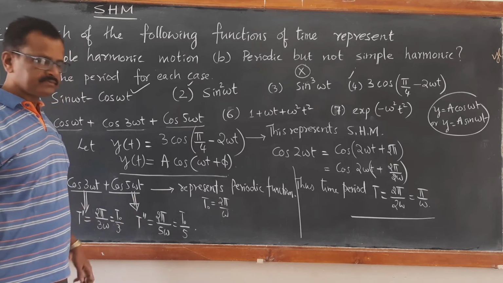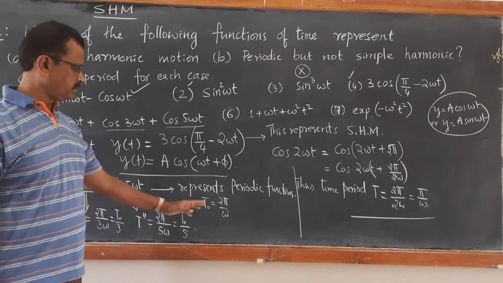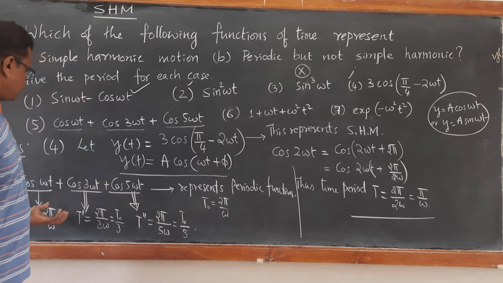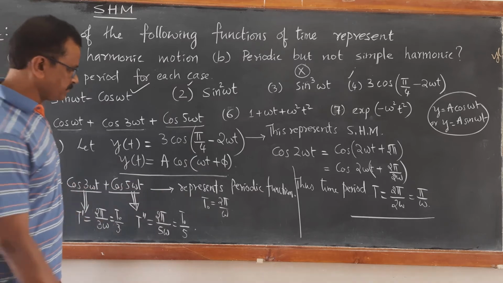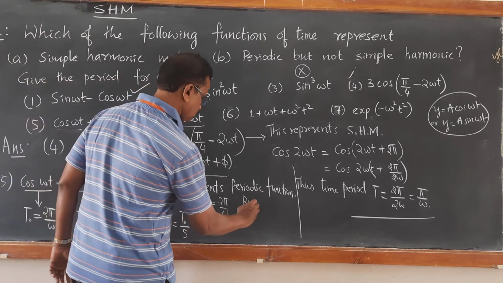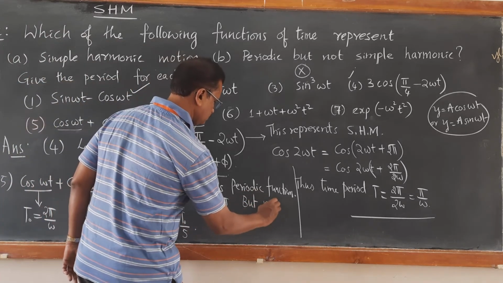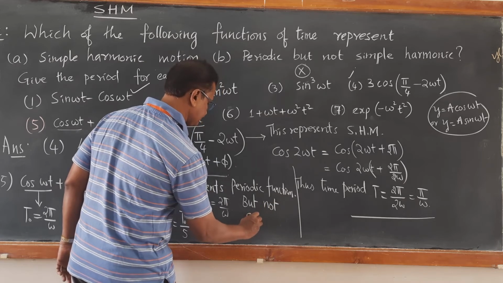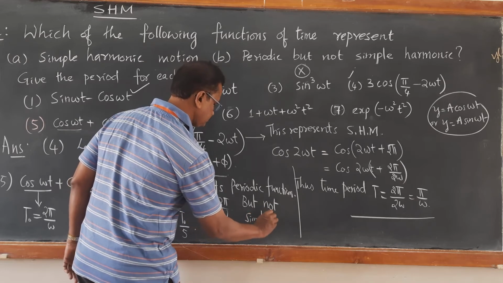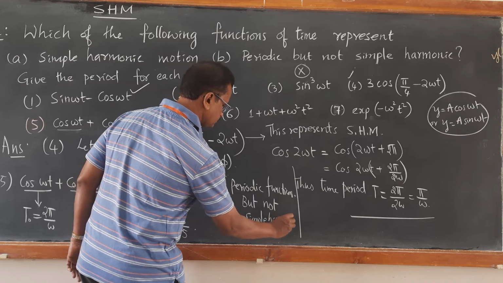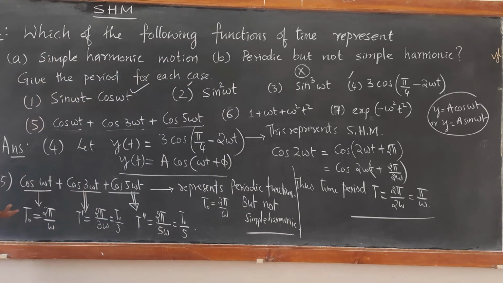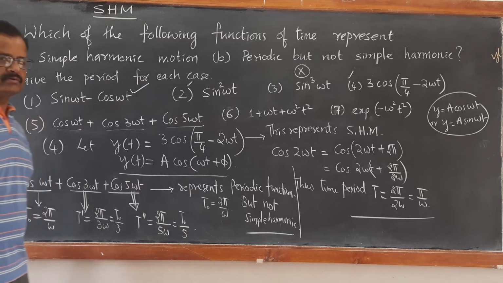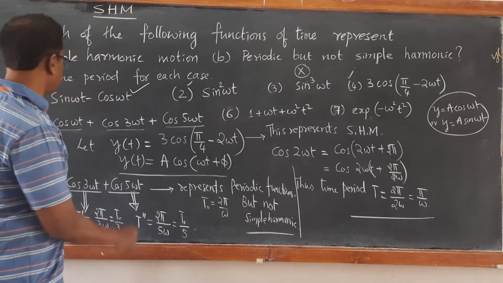Therefore, the time period of this function is 2 pi by omega. Therefore, it is a periodic function, but not simple harmonic, since it cannot be expressed as either a cosine function alone or a sine function alone.